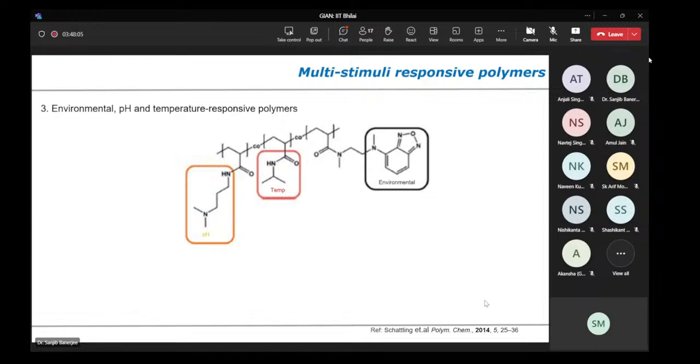Let me see. Swaminathan is there. Where is the participant list? People. Yeah. Okay, no, he is not there. Fine. So let me go to Sandipan. Sandipan, please unmute yourself and explain why this molecule is pH, temperature, and environment responsive.